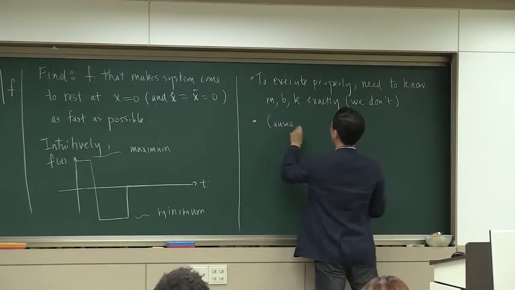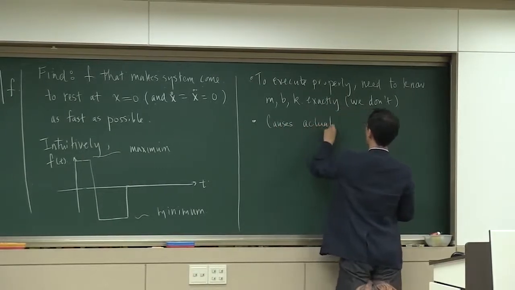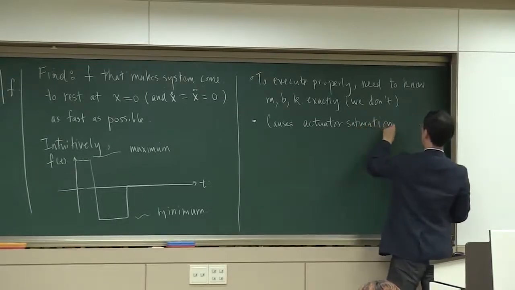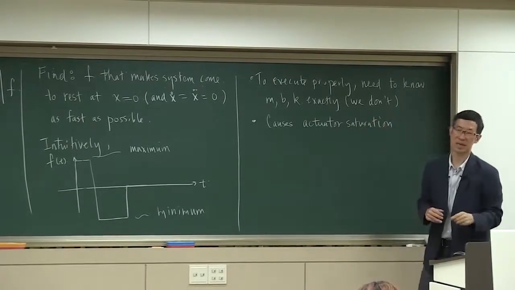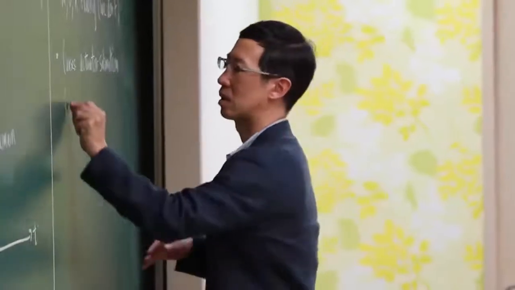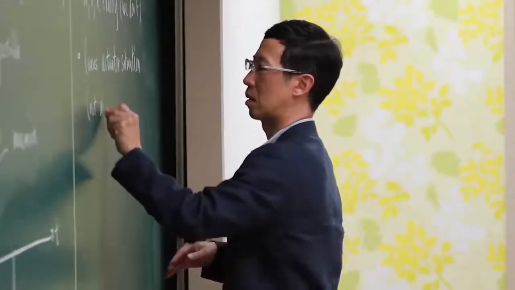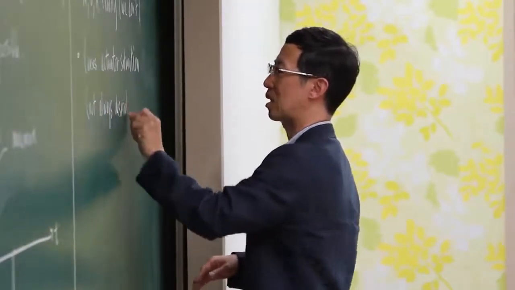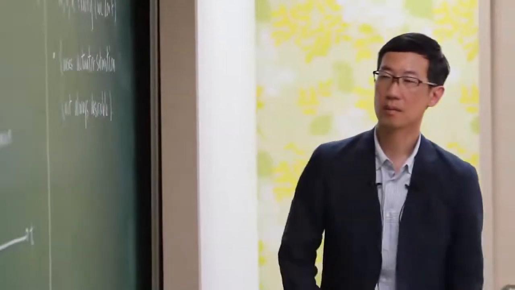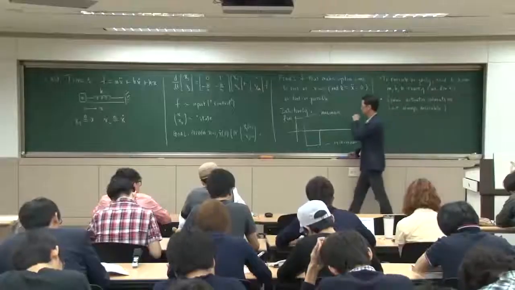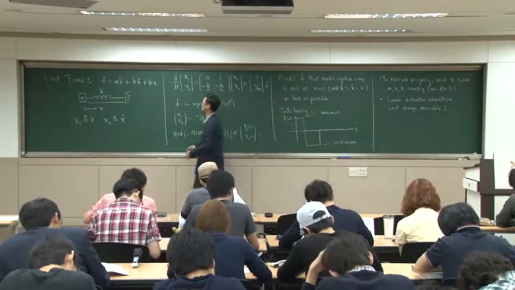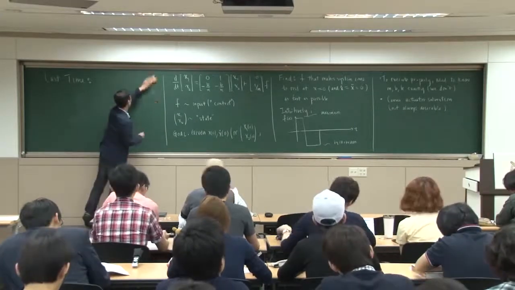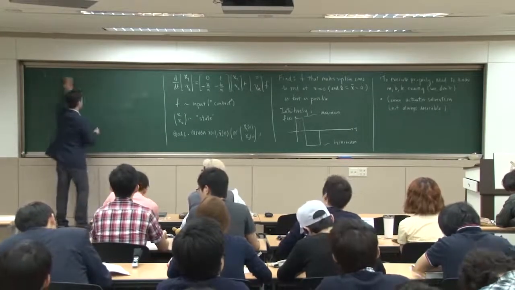So this kind of strategy causes actuator saturation, and it's not always desirable, especially if you're going to be doing this repeatedly. So for these reasons, we decided to look at a different kind of control.